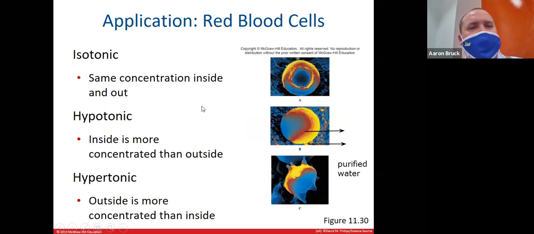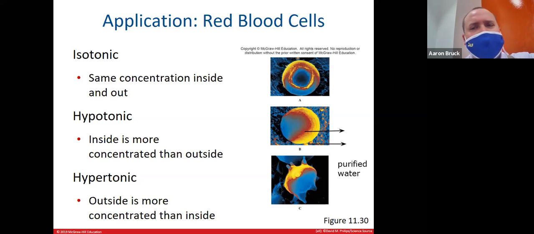Now, the other kind of application, this is more of a biological example, is in your own body. Your body is a very complex chemical system of a series of solutions and other kinds of substances, all in this general solution that we call blood or cytoplasm, whatever the case may be.